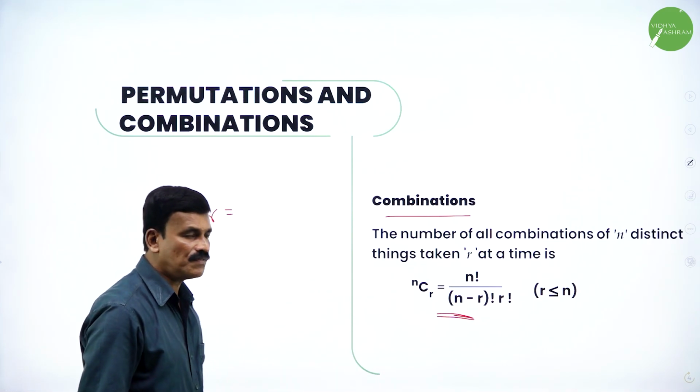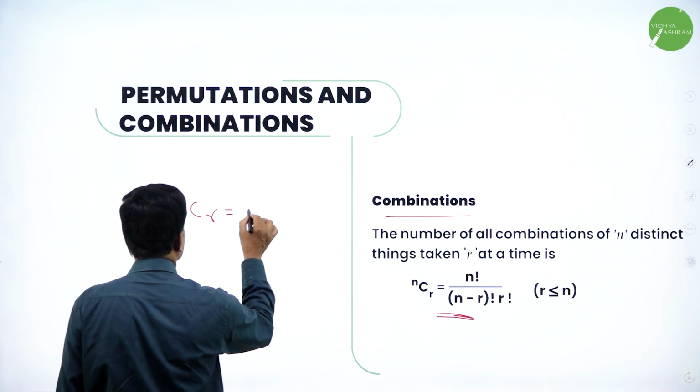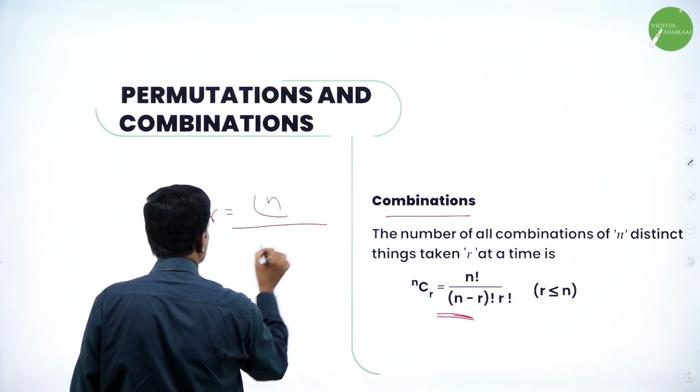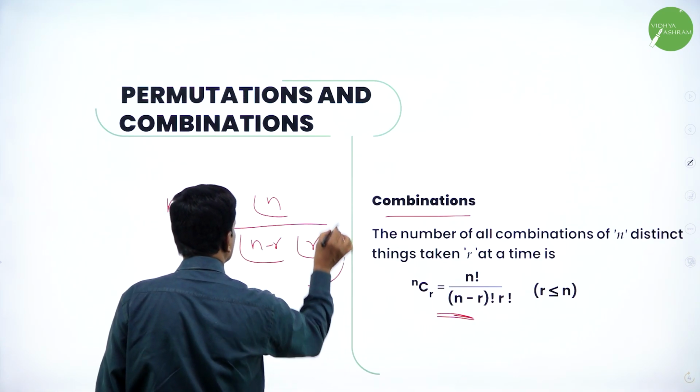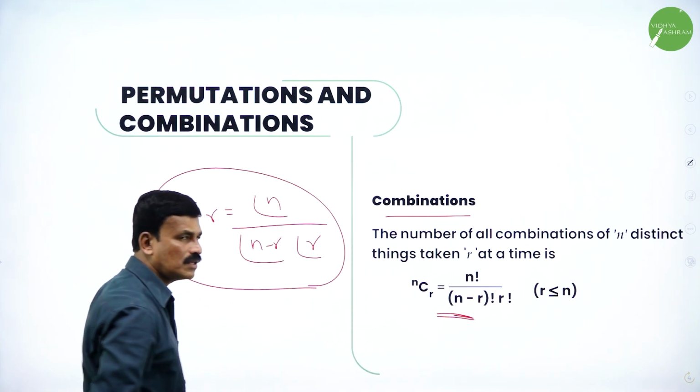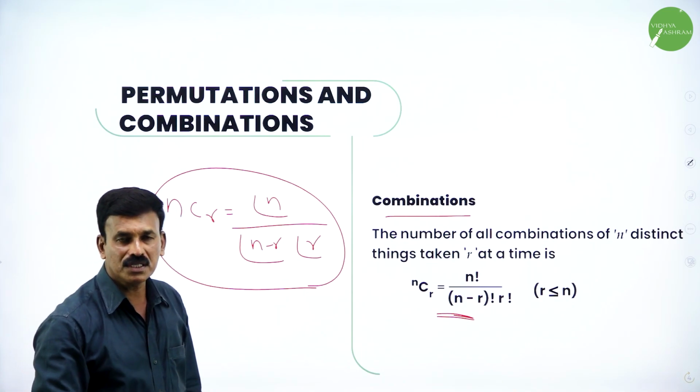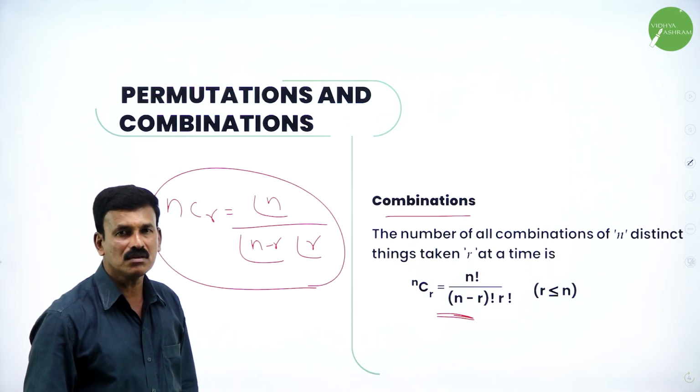The combination of n things taken r at a time is denoted as nCr is equal to n factorial divided by (n minus r) factorial into r factorial. This is the formula which we are going to use to find the nCr values.